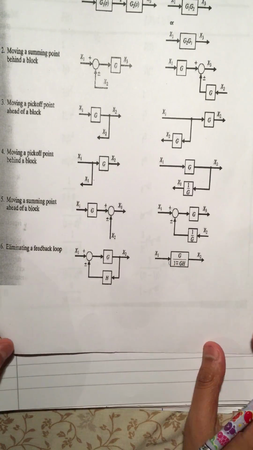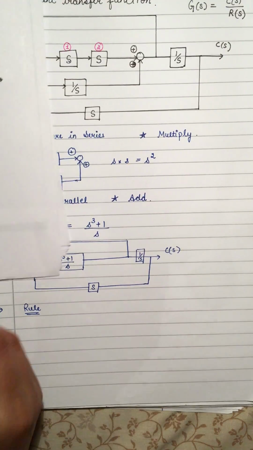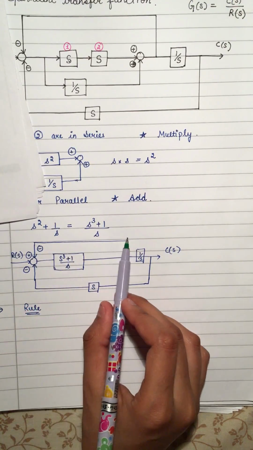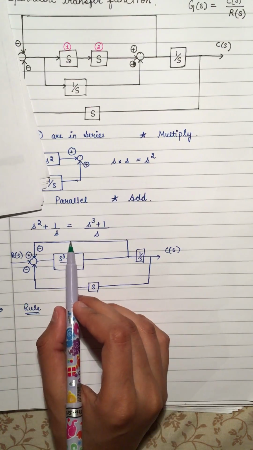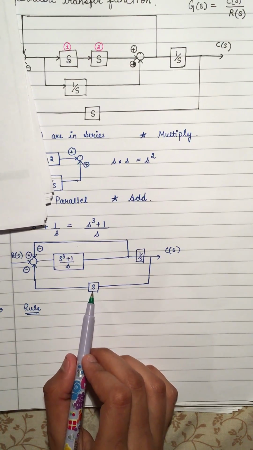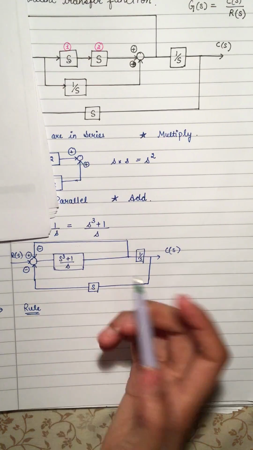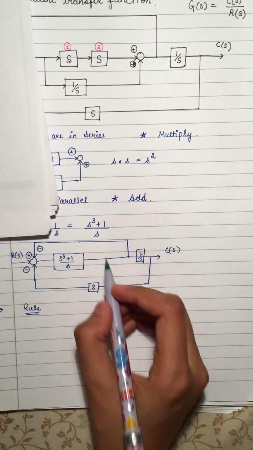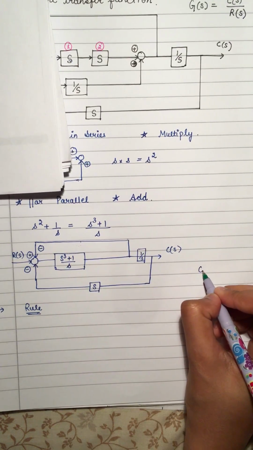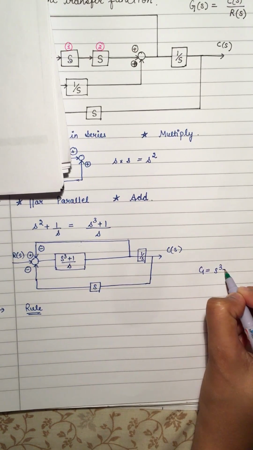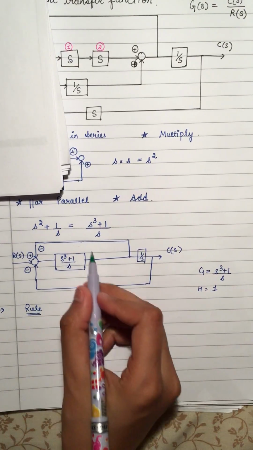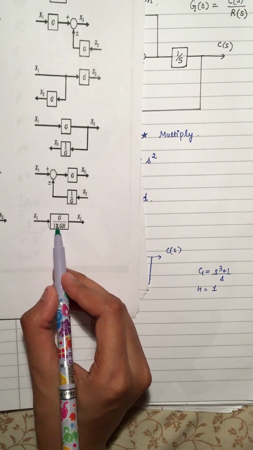So this will be our G here, and our H will be in the feedback loop. Now here we don't have any cell. Like in this one we got s, so here H will be s, but here we don't have anything, so the answer will be 1. So our G is s cube plus 1 by s, and our H is 1. Now to eliminate, we use this formula.